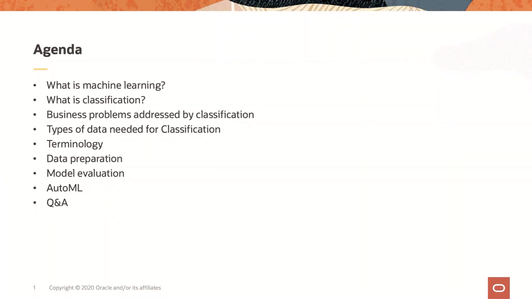So the topics are: what is machine learning exactly, and the classification side of it. Look into a little bit of the business problems that machine learning actually tackles. Understand the type of data that it needs, a little bit of the terminology, data preparation that Mark actually alluded to with automatic data preparation, but also go into model evaluation and AutoML as well.